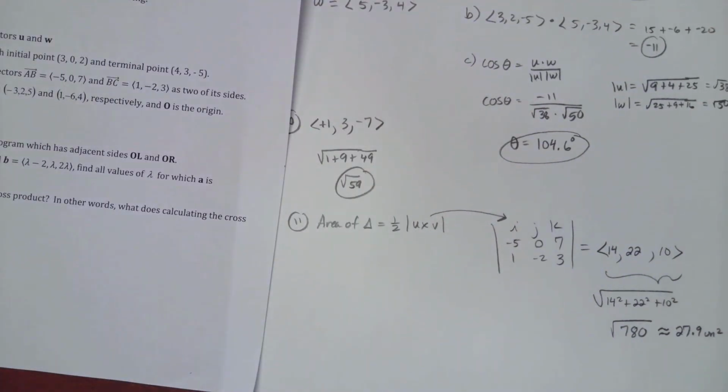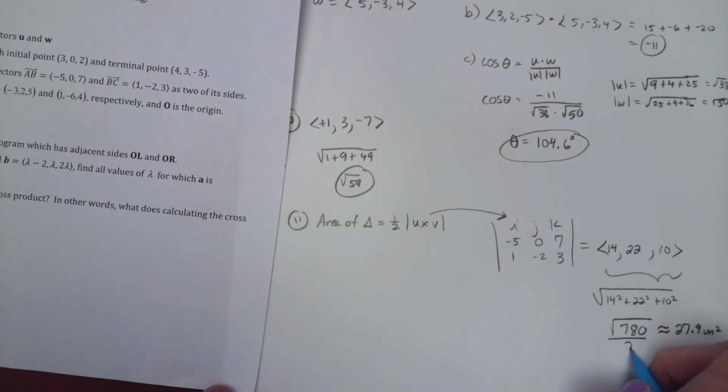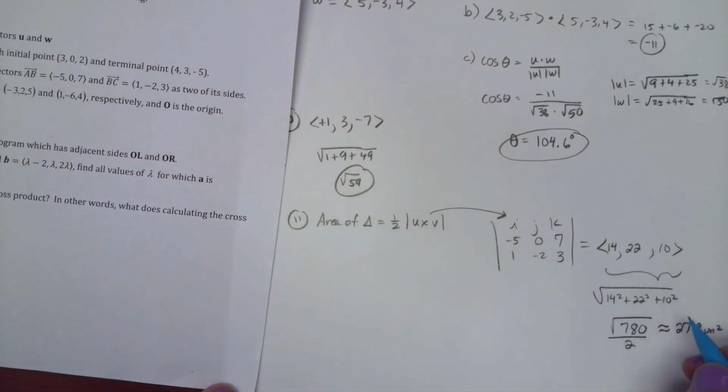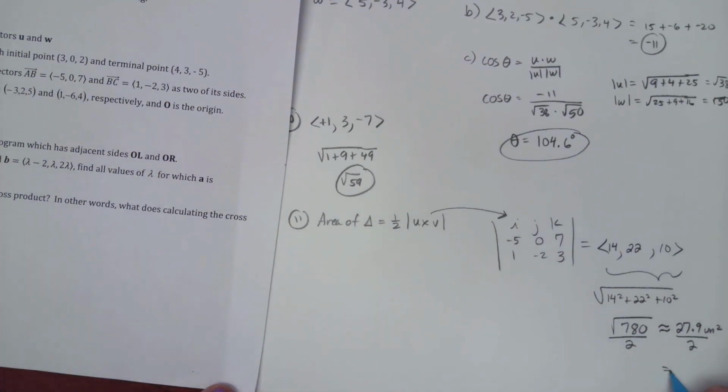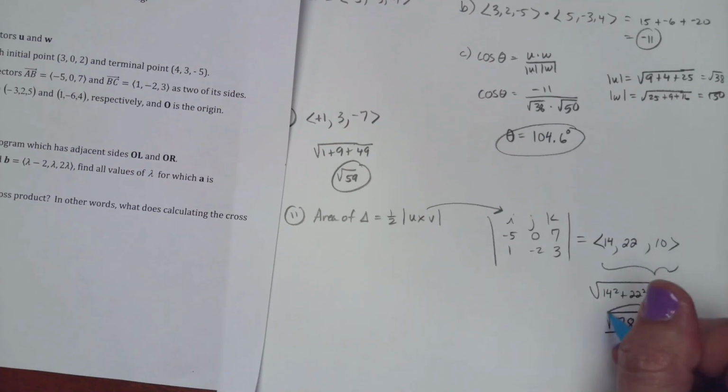Oh, but wait a minute, this is a parallelogram. So I have to divide it in half, because I multiply by 1/2, right? To get a triangle. So let me divide it in half, and that gets me 13.96 units squared. So that should be my final answer, or this expression here.